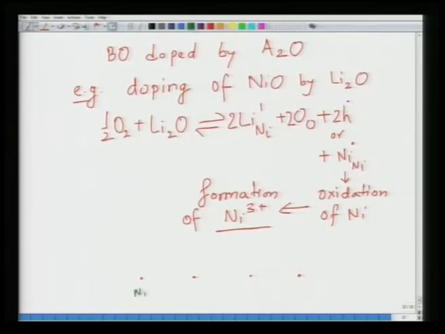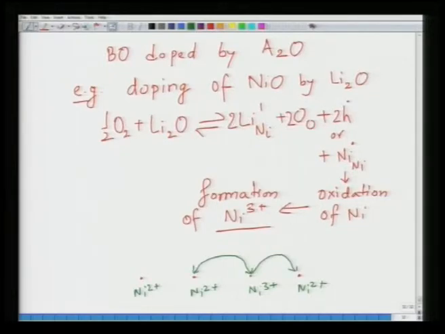So, what you now have is lattice sites will be like this. Most of these will be Ni2 plus, and some of these will be Ni3 plus. What happens is this extra charge associated, in this case not electron but hole, with this Ni3 plus site, the carrier will move like this.